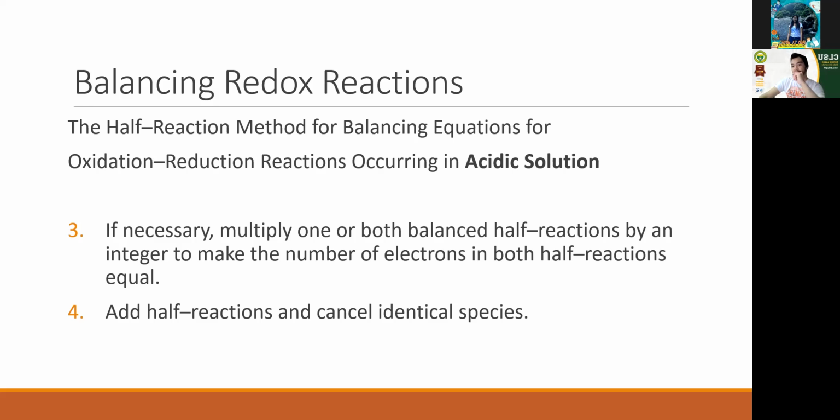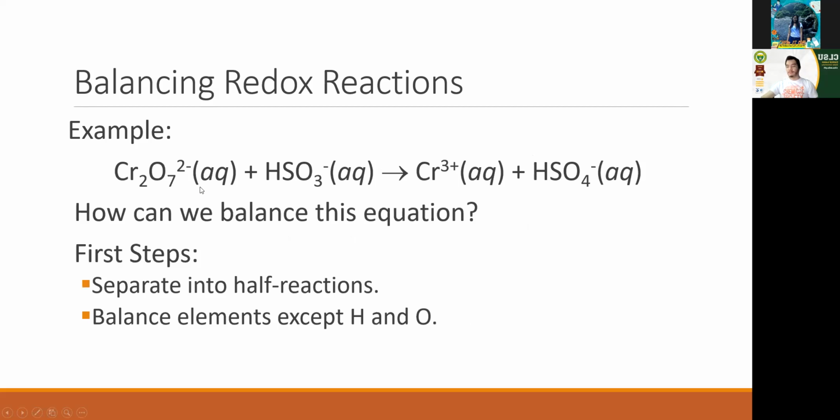And then, pag balance ng electrons, pag-a-add na natin yung half reactions, and then we will cancel identical species. Ayan. So for example, you have your dichromate ion, nag-react kay hydrogen sulfite will yield chromium 3+, saka hydrogen sulfate. So balance. So teka, bubuksan ko ulit yung paint.